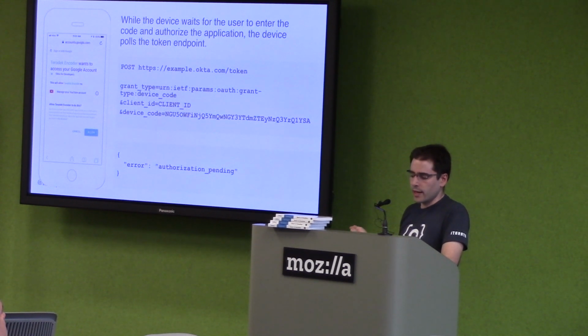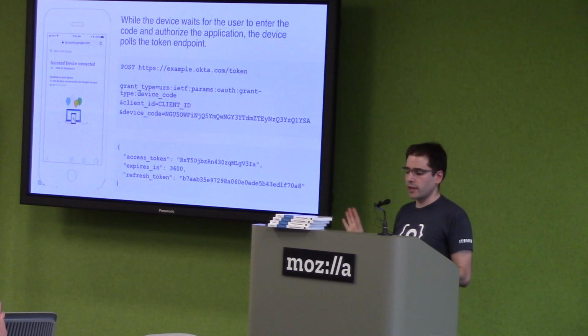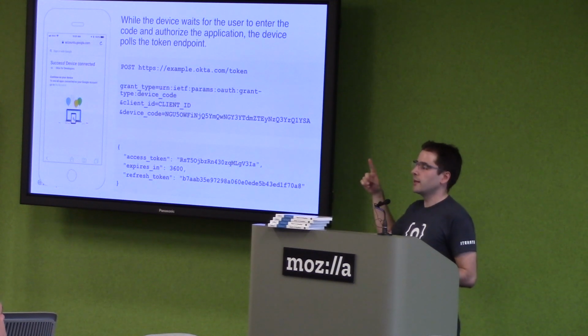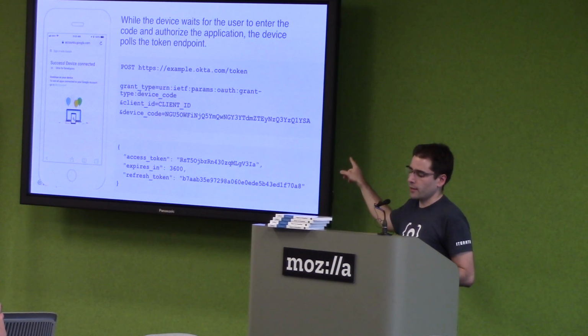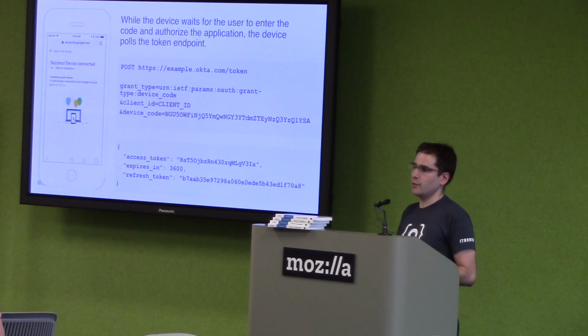If you click allow on the phone, you're just done. It says, great, go back to your device. In the meantime, the device is sitting there polling, and eventually it'll get back this access token. Then we're back to the way that everything else works. You have an access token, and you can make requests to the API.